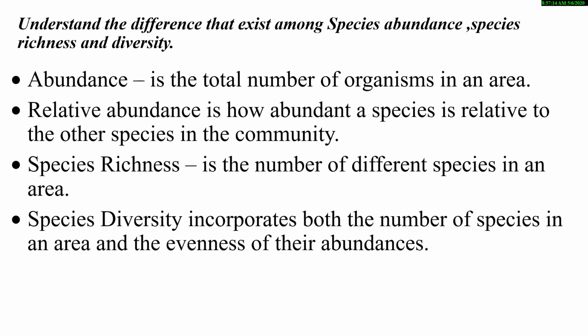What is species diversity? When we are talking about species diversity, here it incorporates both the number of species in an area and the evenness of their abundance, that is, their relative abundance.